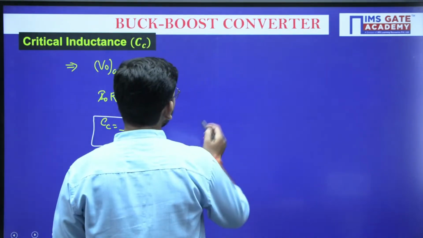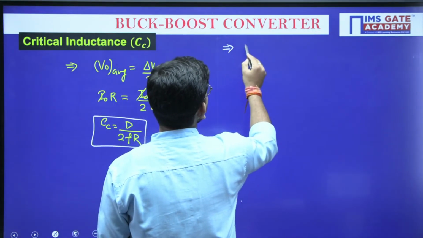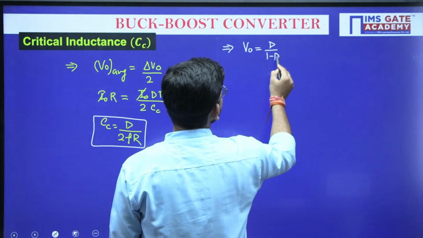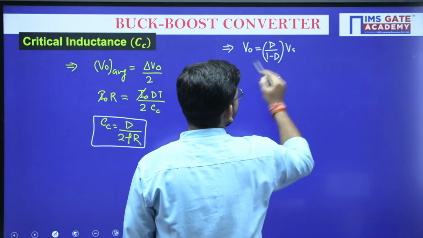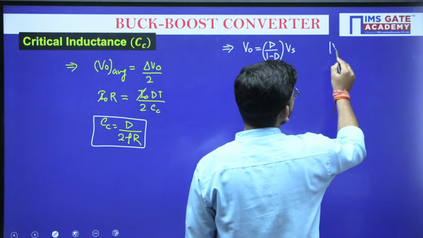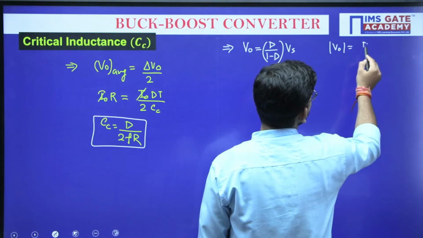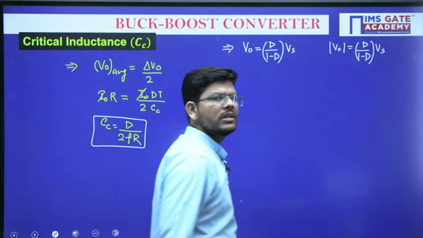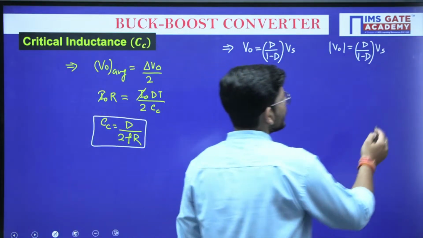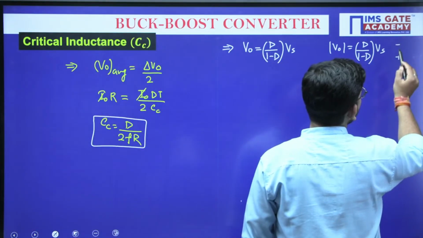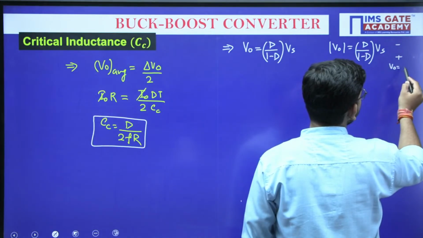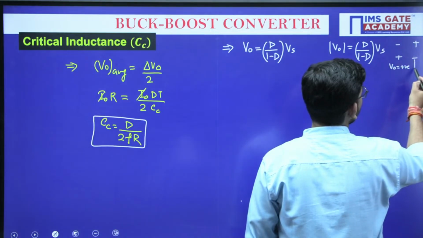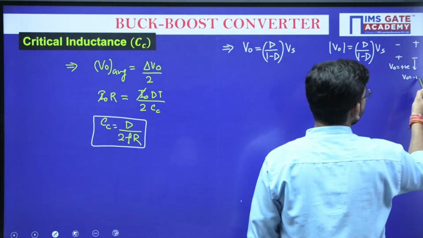So now what are the important expressions that we have calculated? We have calculated that average output voltage is d upon 1 minus d times Vs. In fact, I have to write it as modulus of V0 equals d upon 1 minus d times Vs, because of the kind of polarity we take. If we take one type of polarity, the output voltage we get is positive, but if we take the other polarity, the output voltage is negative.